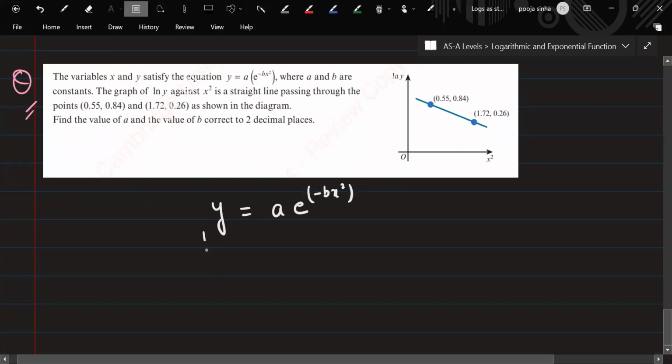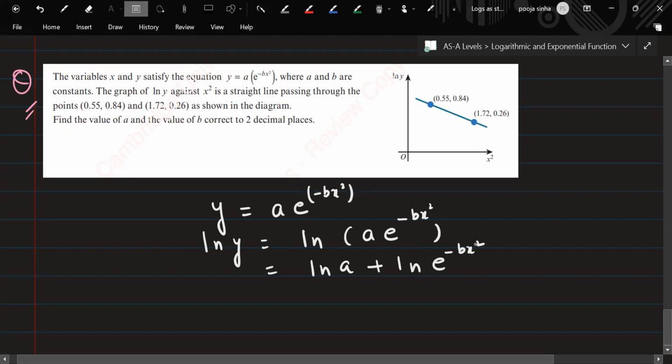So I'll take ln y is equal to ln of a e raised to minus bx square, which will become ln a plus ln e raised to minus bx square.